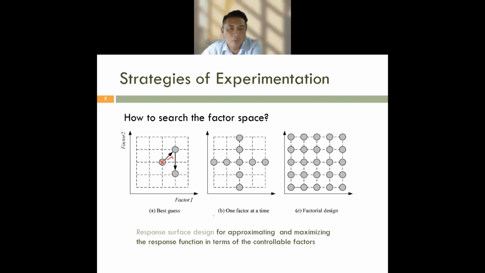We could also have what we call one factor at a time, meaning that if I'm here, I can go to the right or to the left, or up or down. The factorial design means that we will explore all the possibilities. So this is an exhaustive method. We will try all the possibilities.